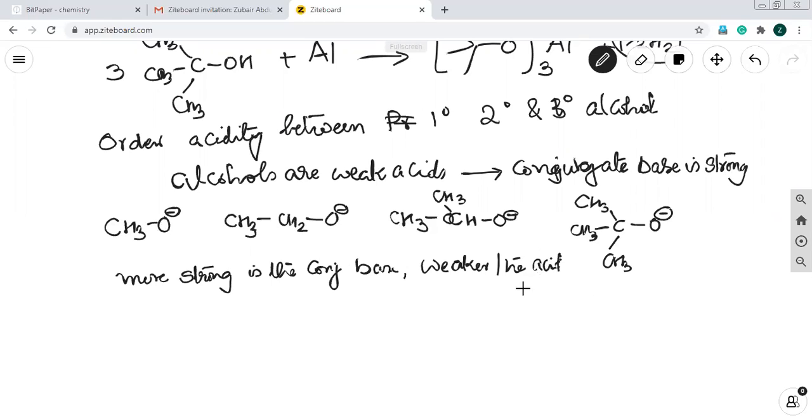Okay. Now just try to analyze. Which one is the stronger base here? That is a question. You have to answer. Now, let us see our argument.